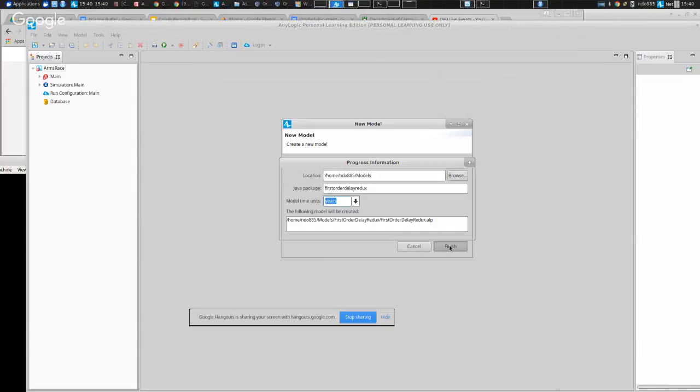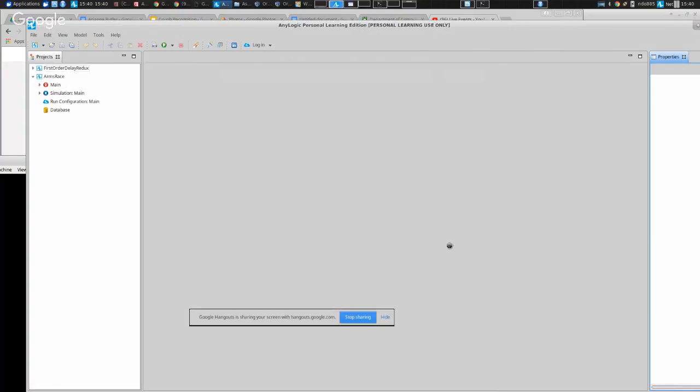I'm creating a model here, which is going to have a first order delay, and we're going to observe how these things emerge from it, okay? So here we go. Here's our model, first order delay redux. This is just sort of a revisiting of it.